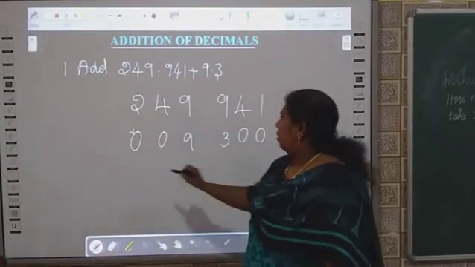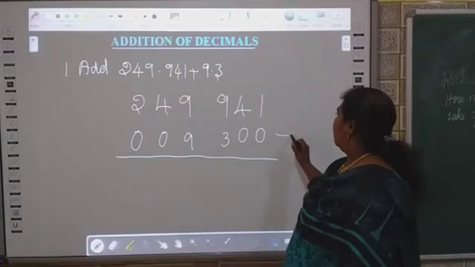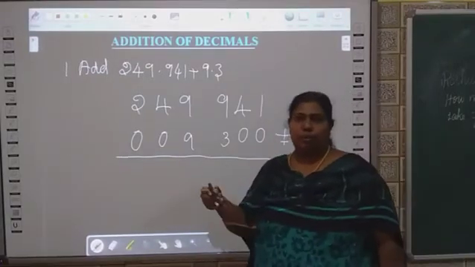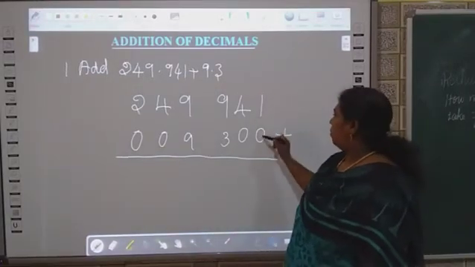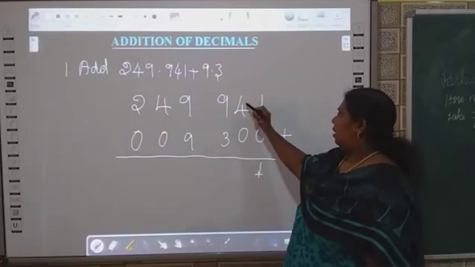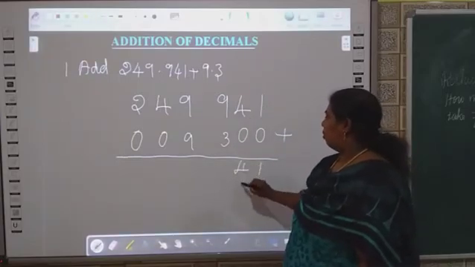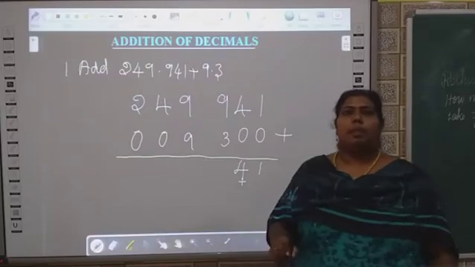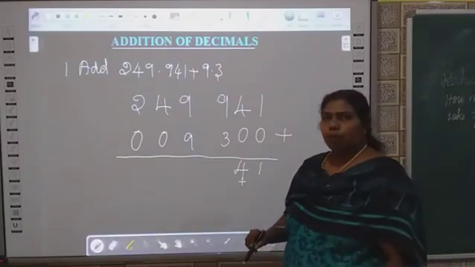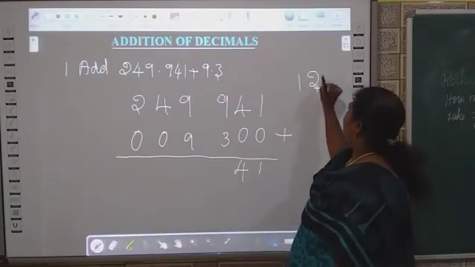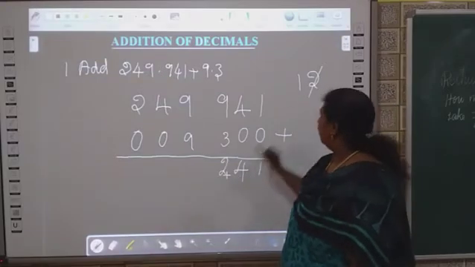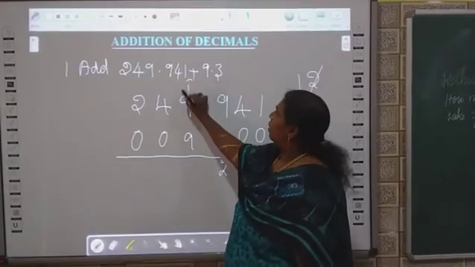Okay. Now you add the values. Normal addition, you know, isn't it? 1 plus 0, 1 only. 4 plus 0, 4. Then 9 plus 3, how much? 12. 12 is there but only 2 you are going to write here. This 1 will be a carry over.